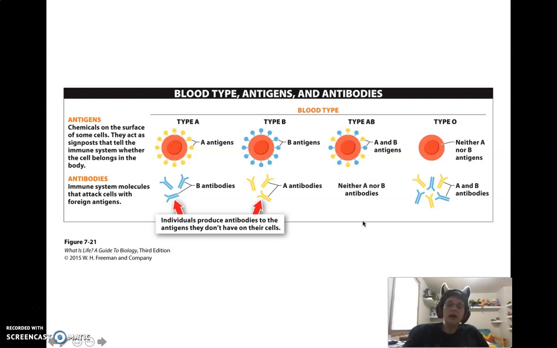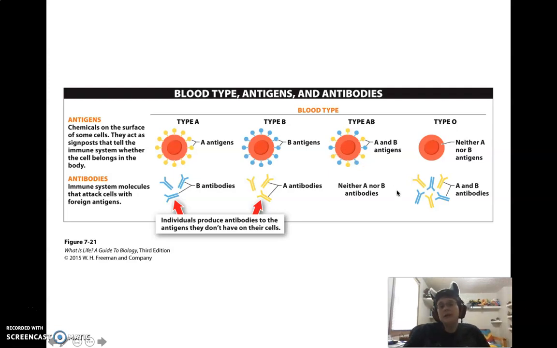And then people who have type O have no antigens. So they make both types of antibodies because they have no flags, so they want to keep an eye out for anybody who has a flag. So if they get any of these guys in, they're going to go and attack them.